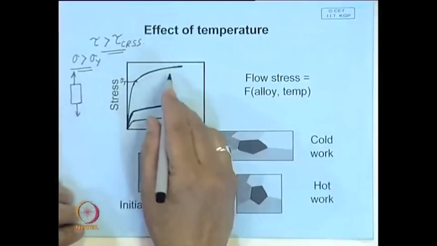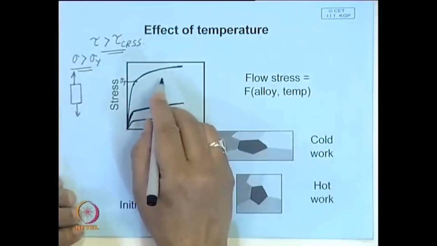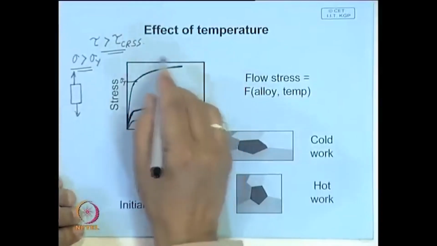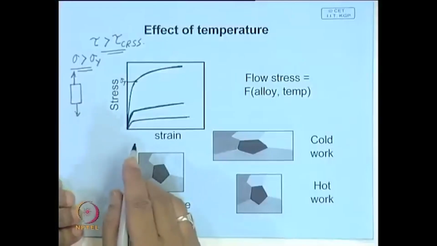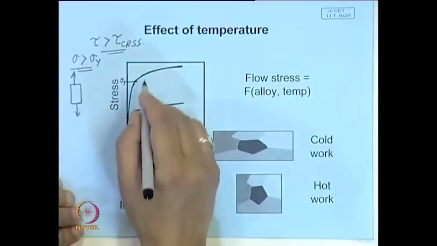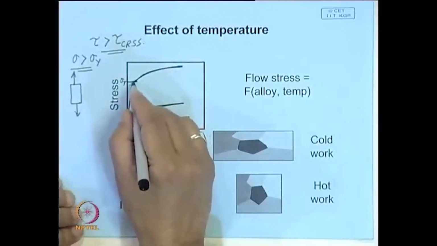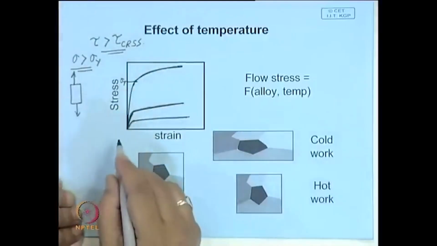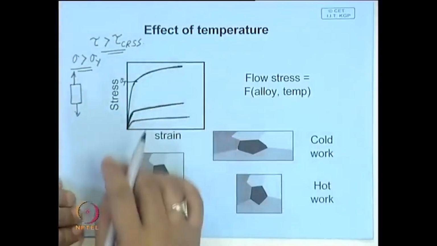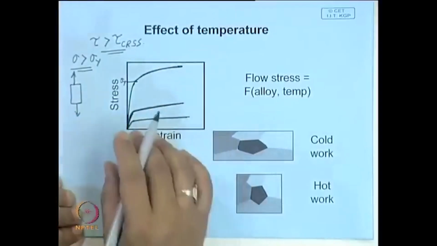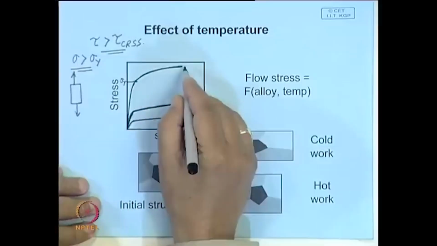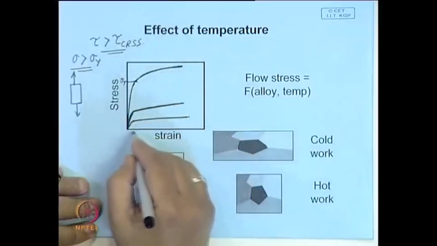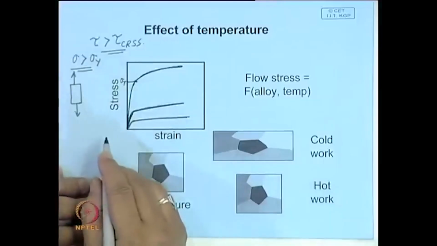Another important demarcation we should make here is that we talked about this kind of stress strain plot in tensile testing. In tensile testing, we are more interested in determining yield strength and ultimate tensile strength. But when we want to work a metal, we want more information about the ductility, and in fact the higher the ductility, the easier it is to form.